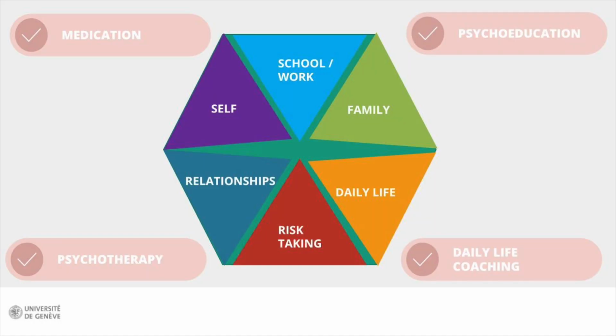Okay, so intervening on the symptoms that affect different domains of functioning for an individual is going to be the basic goal of any intervention. And these interventions are likely to combine different types of intervention. Probably, of course, medication is one type of intervention. Psychoeducation is another type.